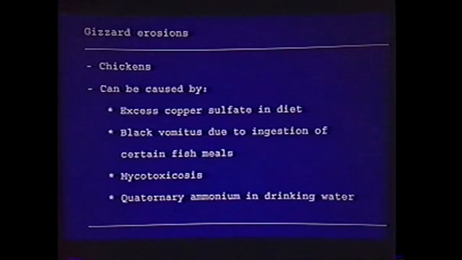Excess copper sulfate in the diet can be one of them. Copper sulfate is a widely used feed additive, presumably as an anti-fungal agent. Gizzard erosions and ulcerations have been described in association with black vomitus, mycotoxicosis, and quaternary ammonium in drinking water.